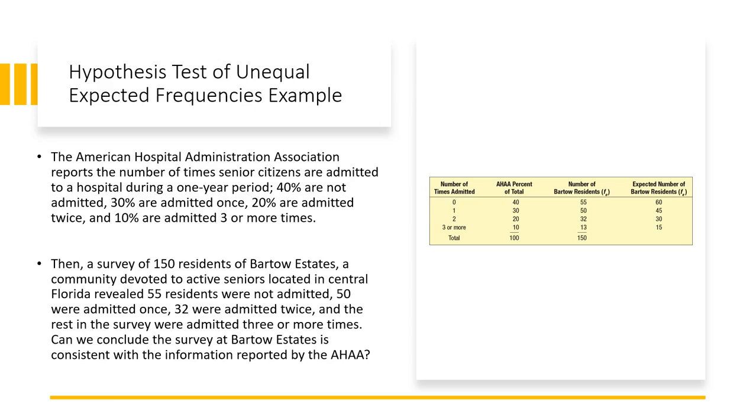If there's no difference between the national experience and the Bartow study, then the expectation is that 40% of the Bartow residents would have been admitted once. So we get that by 0.4 times 150 to get 60, and so on. So the observed and expected frequencies for Bartow residents are given in the table here. And on the next slide, we're going to go into the 6-step hypothesis test.